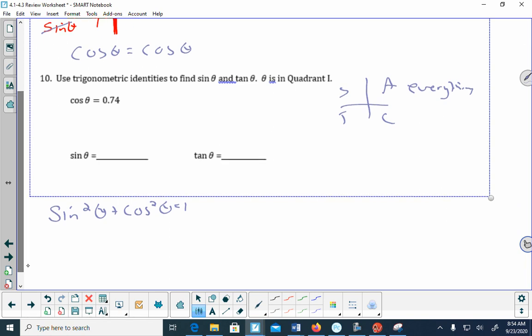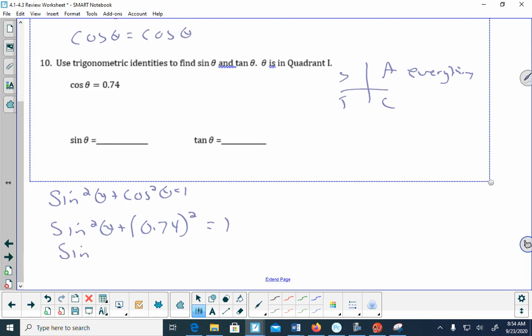And then I'm going to have sine squared theta plus 0.74 squared is equal to 1. When I square that, and I'm going to go step by step to show you what you'll get, I will get 0.5476. I'm just going to leave it in my calculator.